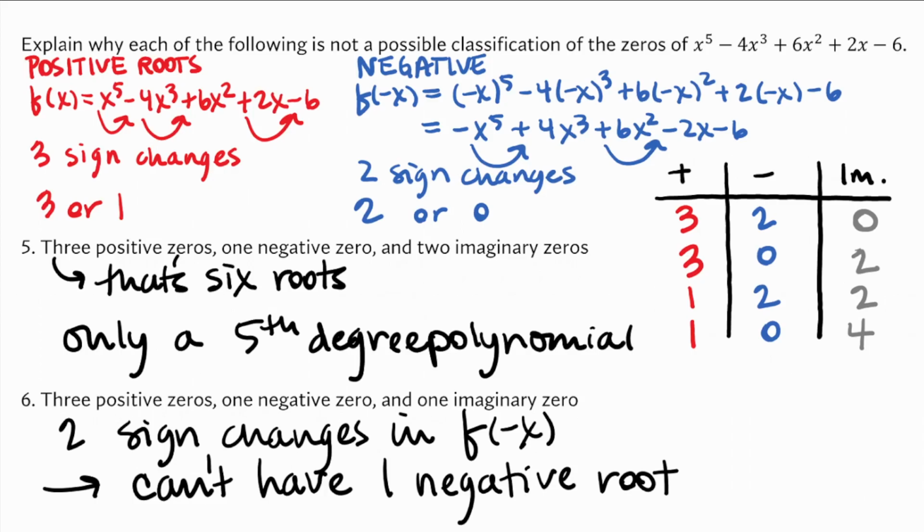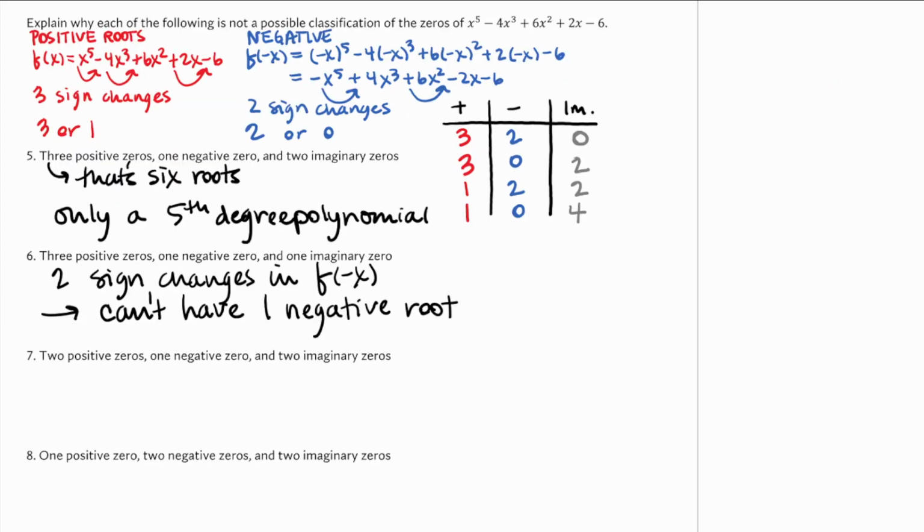That's the Descartes rule of signs. Okay, 2 positive, 1 negative, and 2 imaginary. That would add up to 5. But again, by Descartes rule of signs, there were 3 sign changes in f of regular x. So we can't have 2, right?